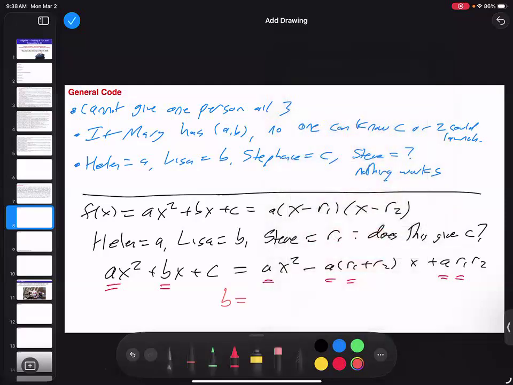B has to be minus a(r1 plus r2), and C would have to be a r1 r2, and the only things we don't know are R2 and C. But we can get R2 from the first one, B, and then now that we know R2, we can get C. So this would actually not work.